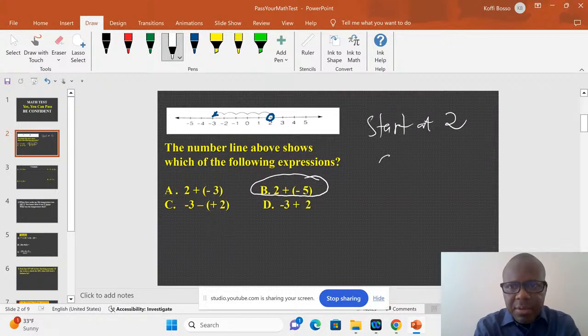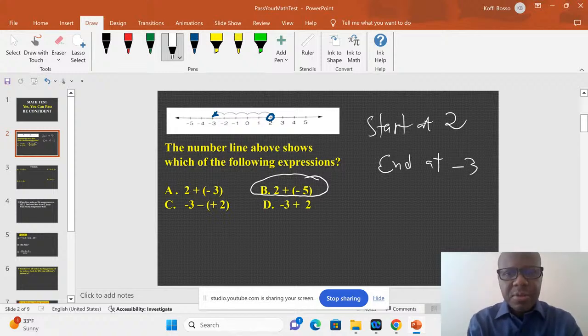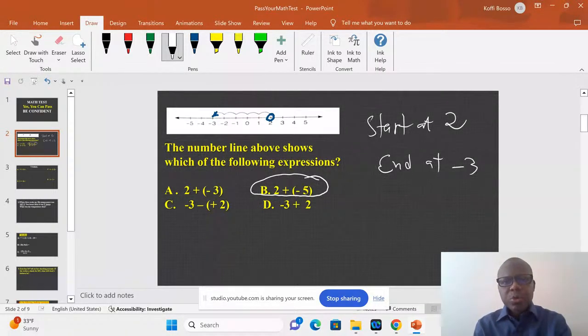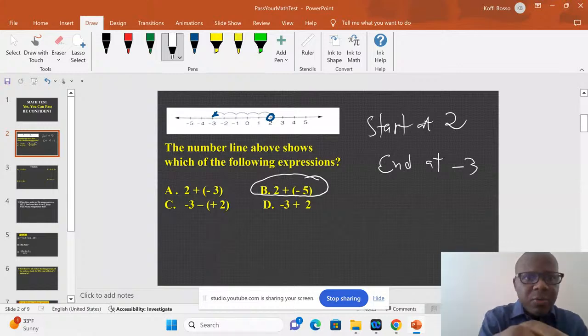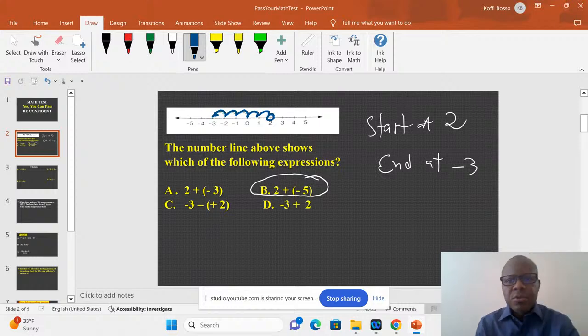How many units do you move from 2 to -3? If we count here, we're going to have 1, 2, 3, 4, 5. So 5 units. You move 5 units from 2 to reach -3.